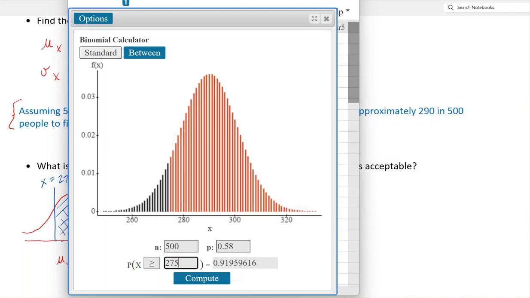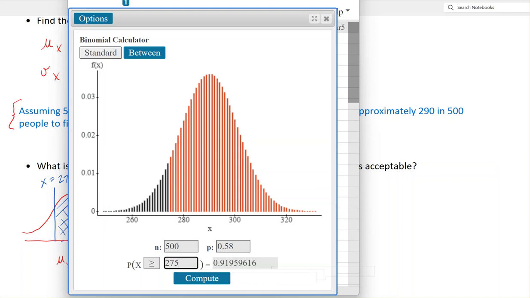And you can see here that this number, 0.9195, is the probability of encountering 275 or more people out of the 500 who believe that divorce is acceptable. So StatCrunch is giving me this probability, and that's always going to fall in this blank to the right of the equal sign. The 275 that I put in there is the variable amount I'm looking for.